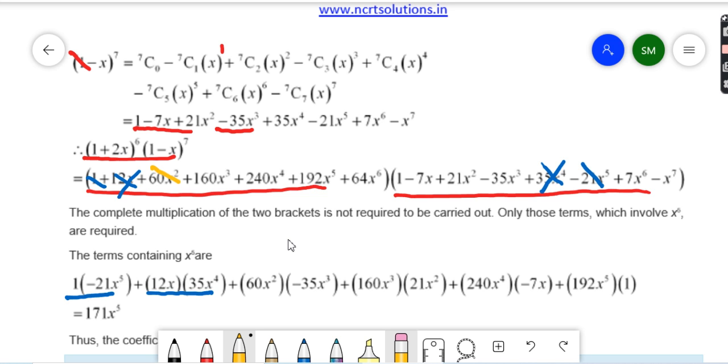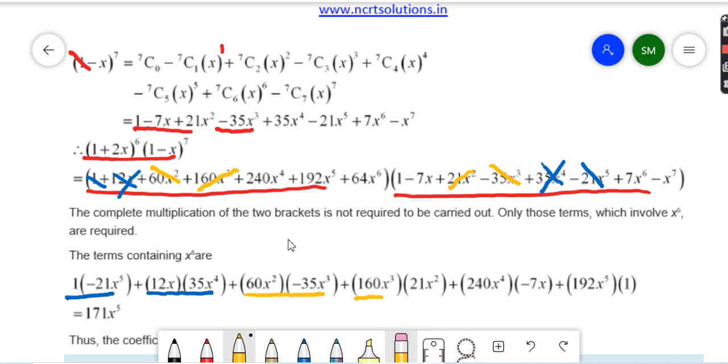So x square. Now immediately you can answer. Now compare with x cube. So 60x square into −35x cube. Similarly, the next term is x cube here, then here x square.